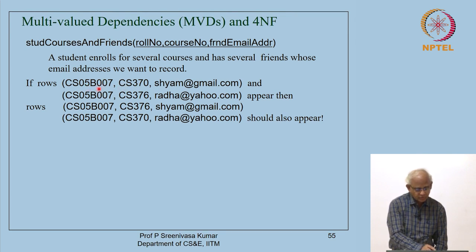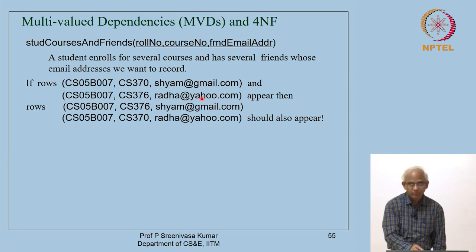I should not be just storing these two tuples, this student with course 370 and Shyam and 376 with Radha. This would imply that my doing this course has something to do with having a friend by name Shyam, or doing this course has something to do with having a friend called Radha. We very well know that these two things are independent.